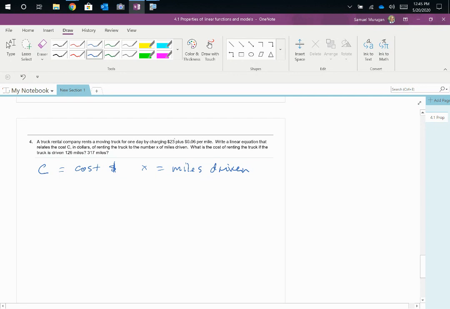They gave us the B value, initial cost is equal to $23, and the slope, the rate, is 6 cents per mile. So C is equal to mx plus b. So C is equal to 0.06 x plus 23.